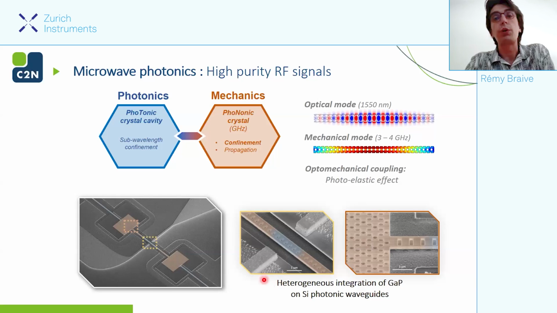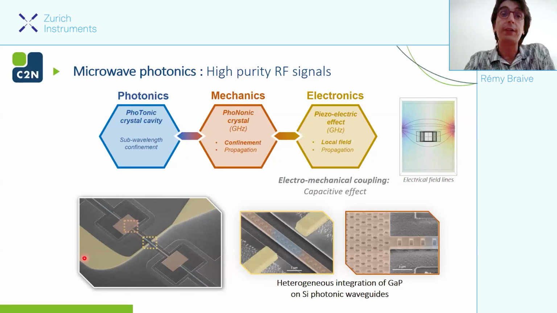Here, how it works: we have a heterogeneously integrated gallium phosphide membrane on top of silicon photonic waveguides. And then we have the electronic part, where thanks to a piezoelectric effect, we can have electromechanical coupling between these electrodes in yellow and the mechanical part at the center of the system.